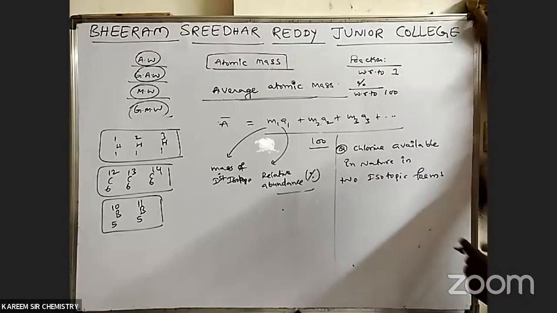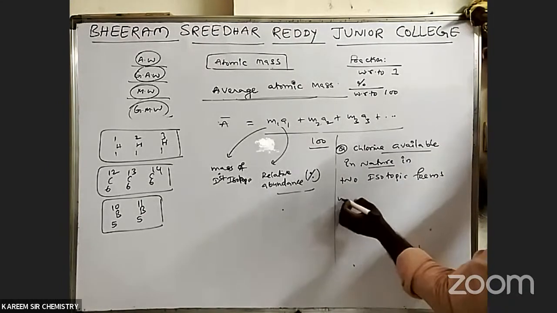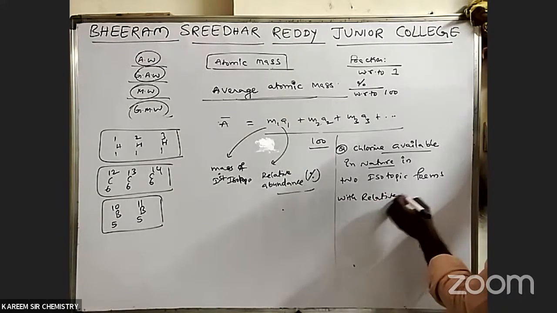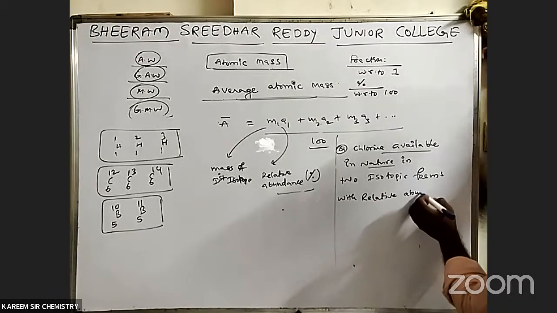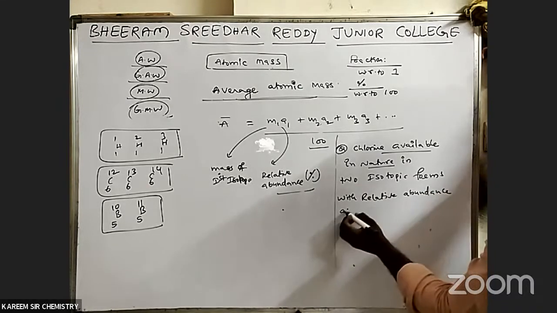Isotopic forms, write down the paper. Chlorine is available in nature in two isotopic forms with the relative abundances given below.